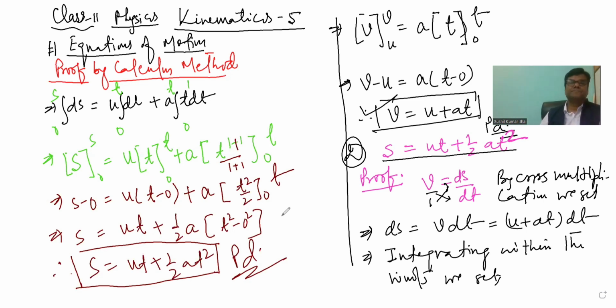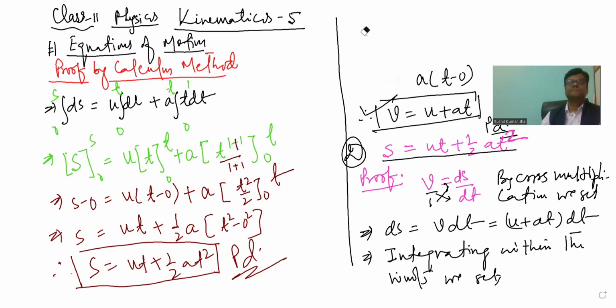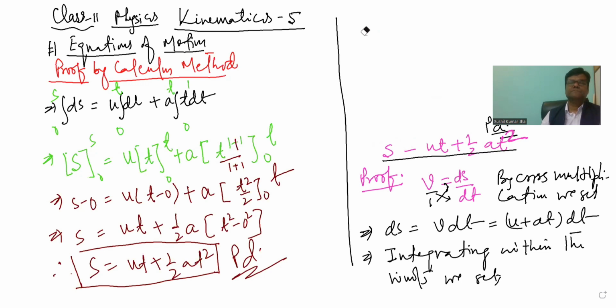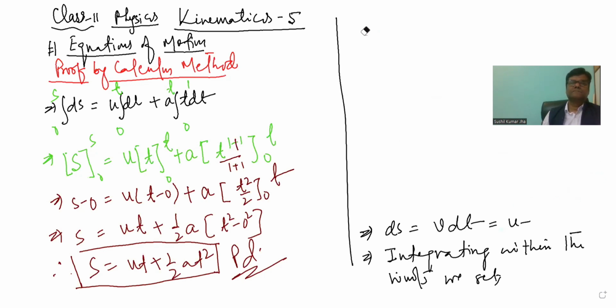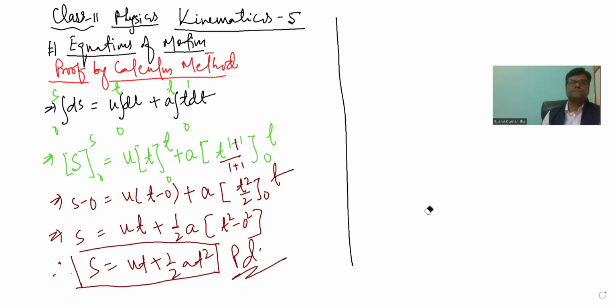Now, the third one is v square minus u square is equal to 2as.